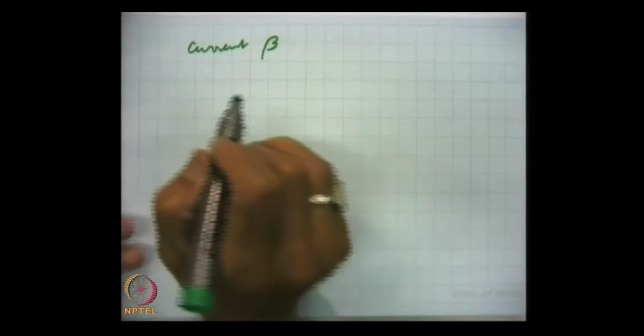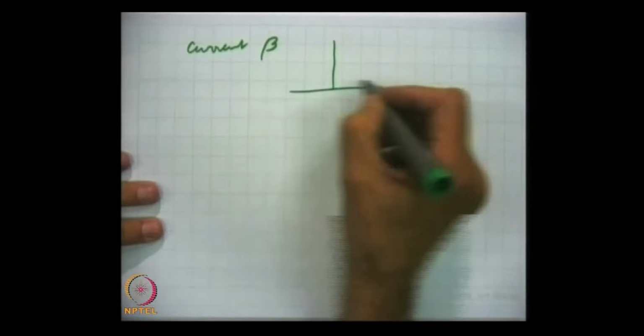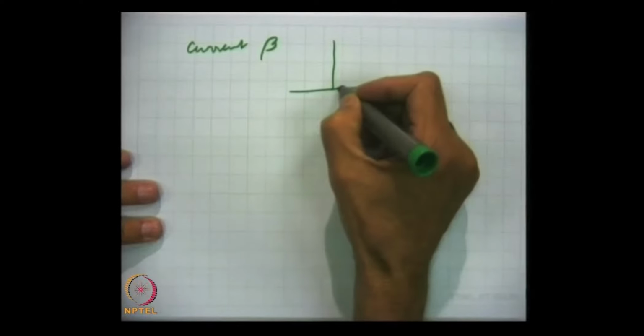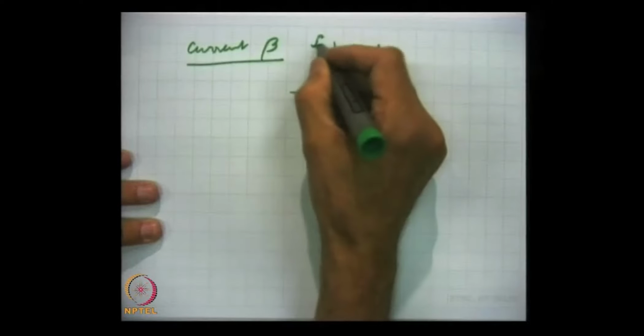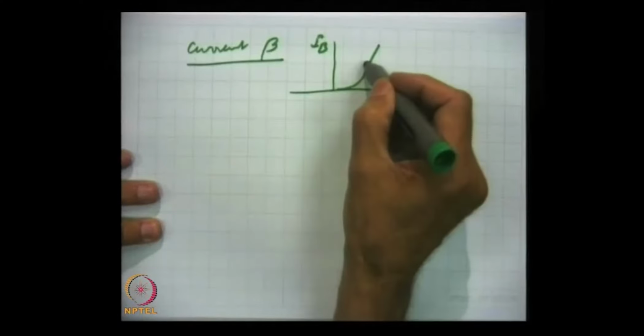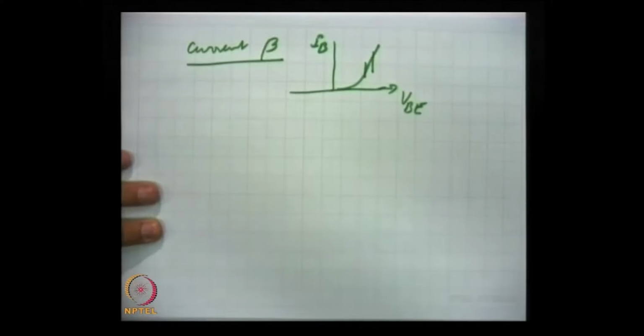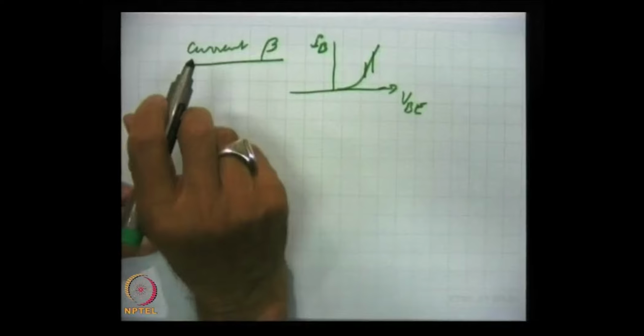But here, because of the non-linearity, you see here the input characteristics of the transistor are like this. In a small signal this is IB and this is VBE. In a small signal we used a small portion of this, and there the linearity is perfectly alright.